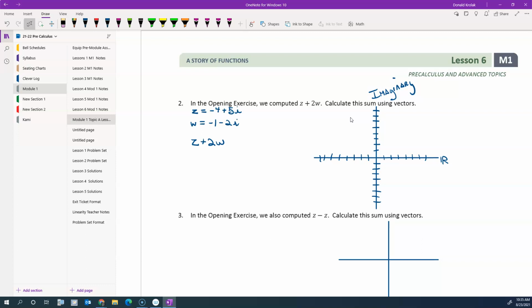Okay, so draw your z. Negative 4, 5. 1, 2, 3, 4, 5.